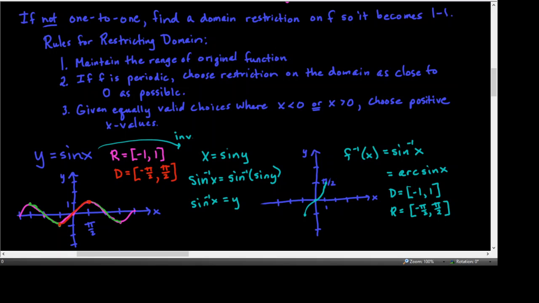Let's see if there's something else that we need to say. No, I think, well, a couple pages later there's going to be a kind of summary for the inverse sine function. That's what I'm looking at. This inverse is an increasing function on its domain.